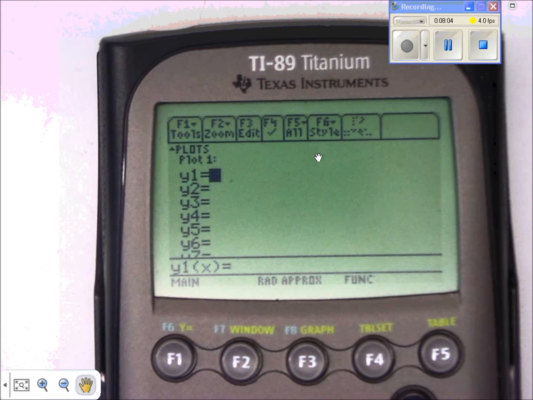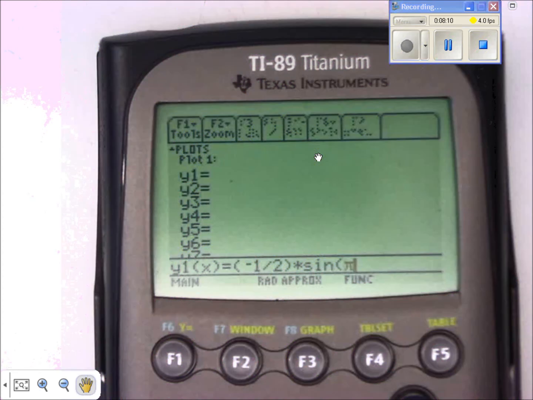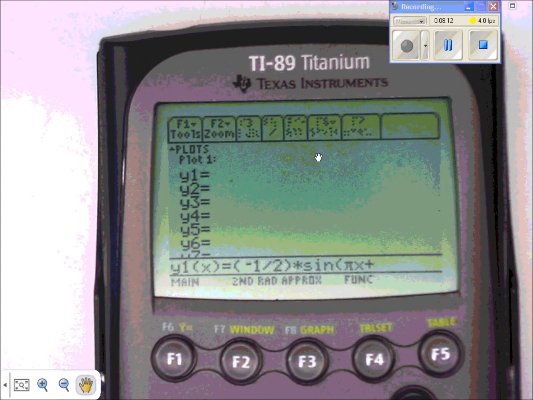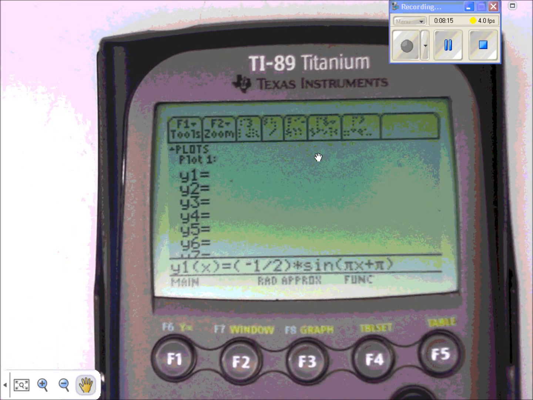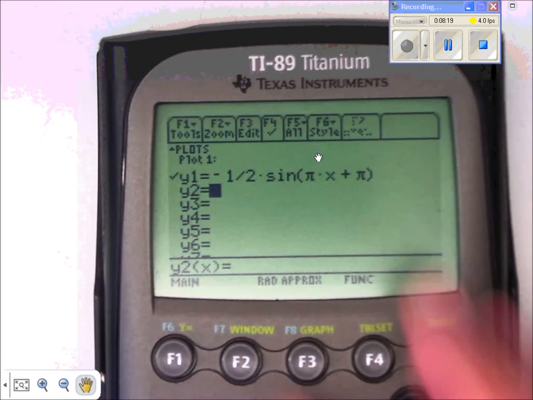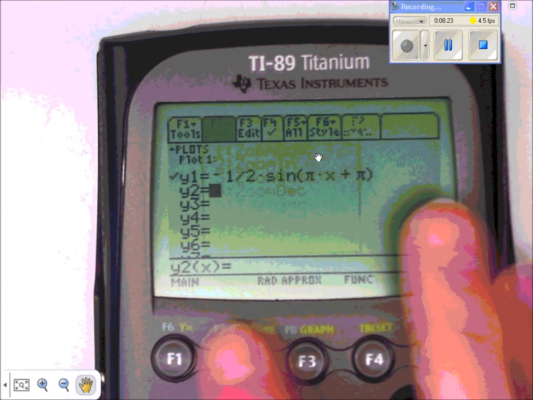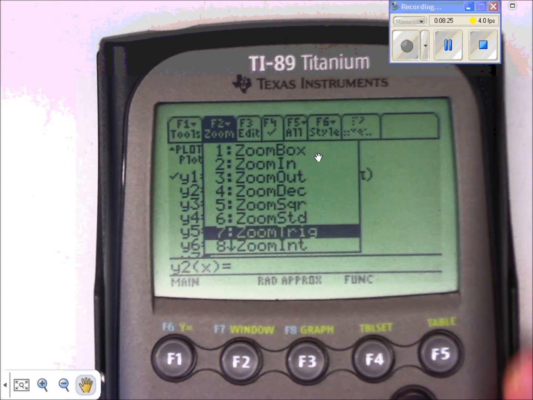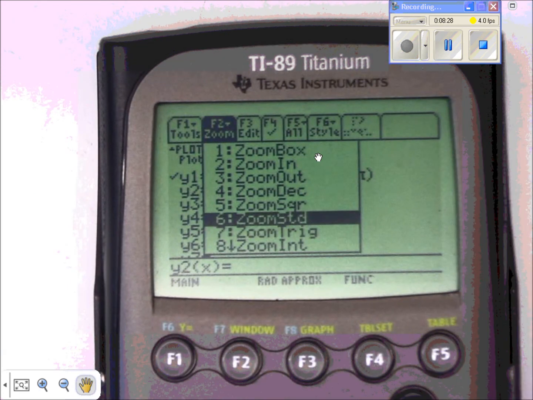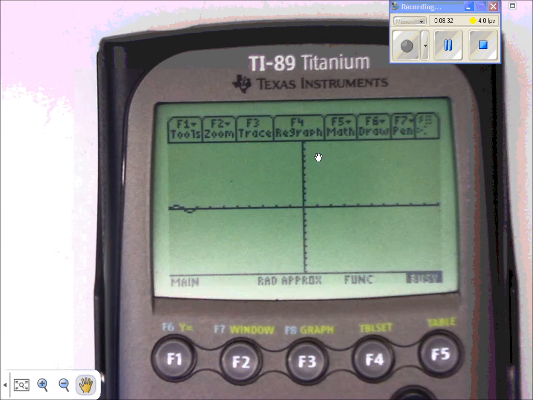Okay, so we had negative 1 half sine pi x plus pi, correct? Okay. Negative 1 half sine pi x plus pi. Now, I'm in radians, okay? And now I'm going to go zoom, and I'm going to stay on zoom standard, because if you remember, our period was 2, not 2 pi, okay?